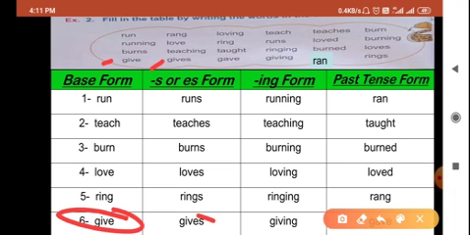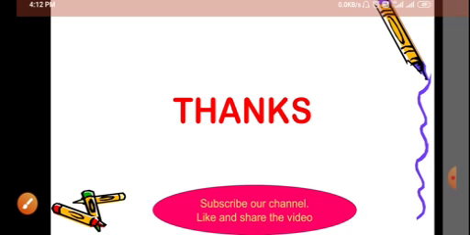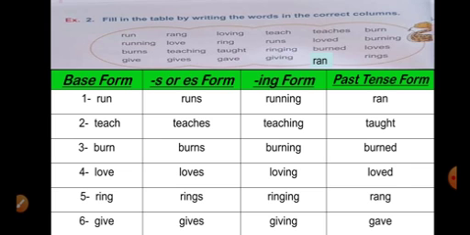It is the S or ES form of give. The next is giving. It is the ing form of give. And the last one is gave. Here gave is the past tense form of give, so it is filled in the last column.